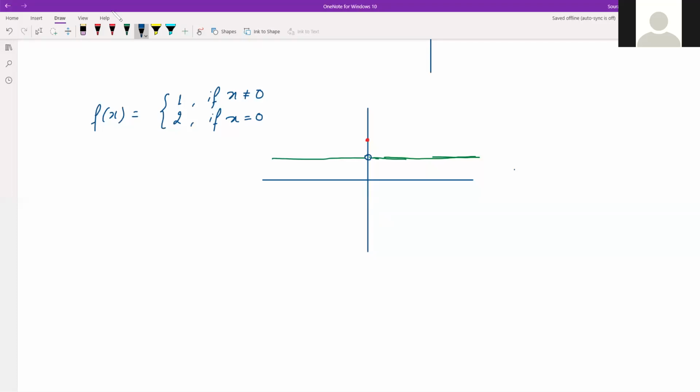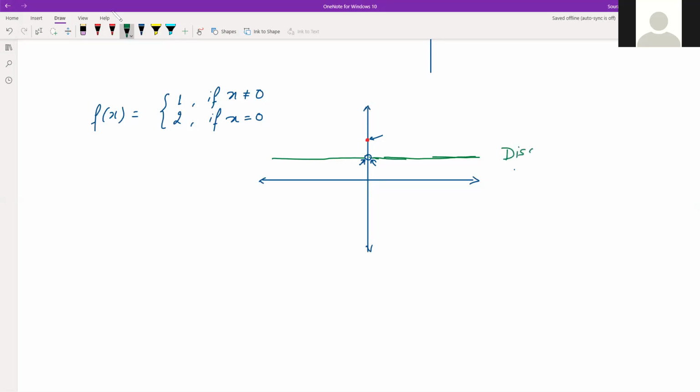Now obviously, when I started drawing this graph, I had to lift the pen up. From this side, if I start 1, 1, 1, I come here and stop. Then I have to restart from here, and then this I have to draw to represent the value of the function at x equals 0. Now such graphs or such functions which you have just seen are called discontinuous functions.